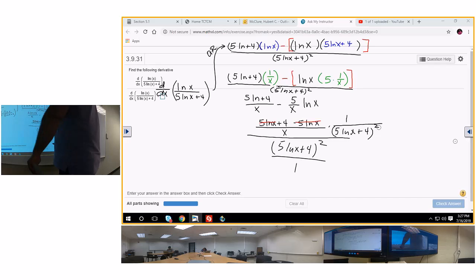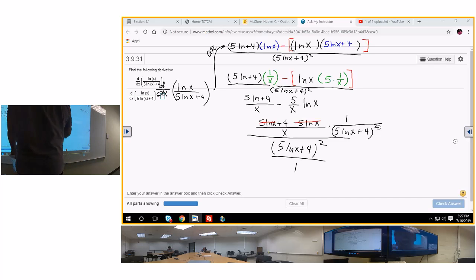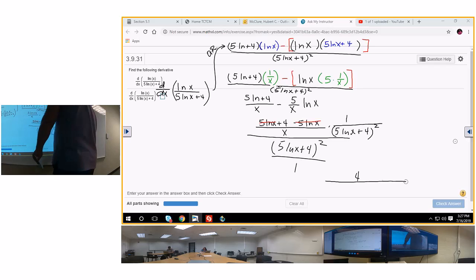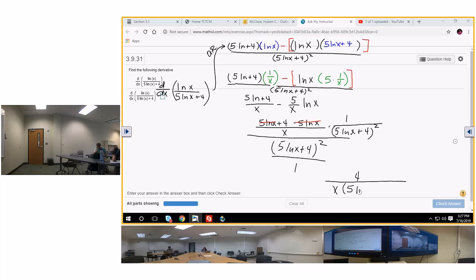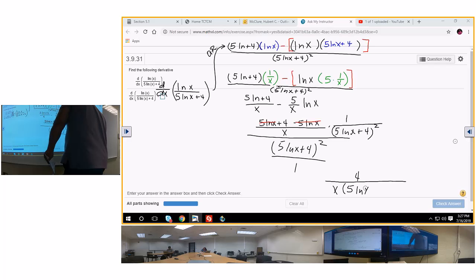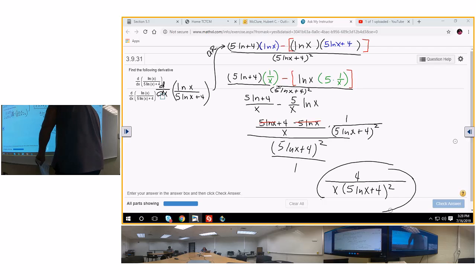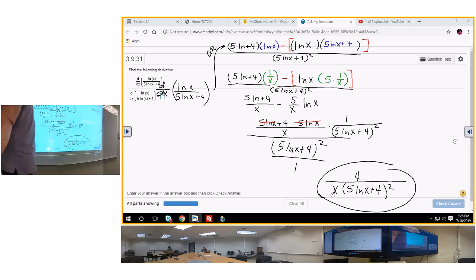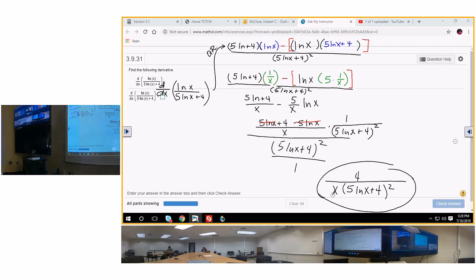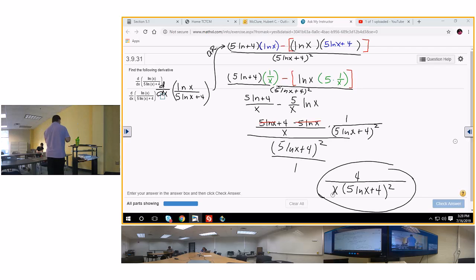So that's going to give us 4 times 1 is 4 over x times 5 natural log of x plus 4 quantity squared. That's the final answer. Sorry about that. That's why I keep my notes.